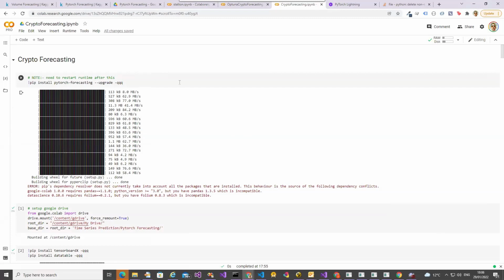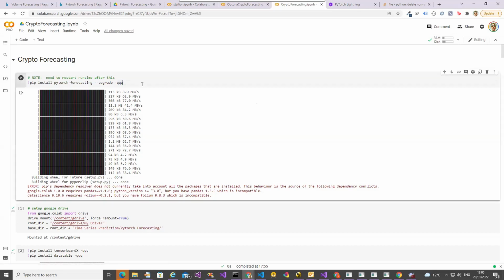This is running in Colab. I've prepared a data set based on the Kaggle competition data set, but resampled so that it has every minute, fills in the blanks, and adds a few extra fields. Within Colab, the first thing I did is the pip install of PyTorch forecasting. Did you fill in the missing time steps, Steve? Yeah, I fill them in.